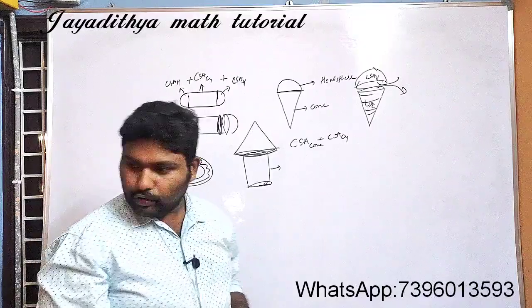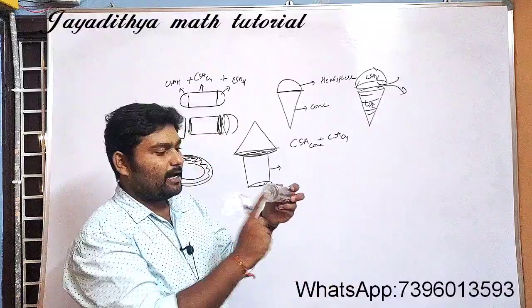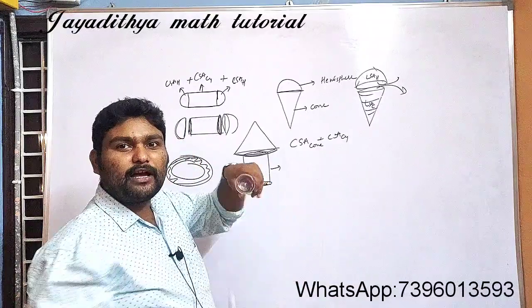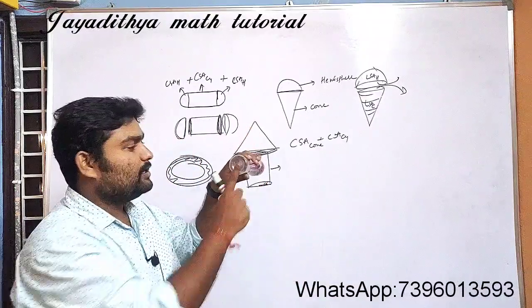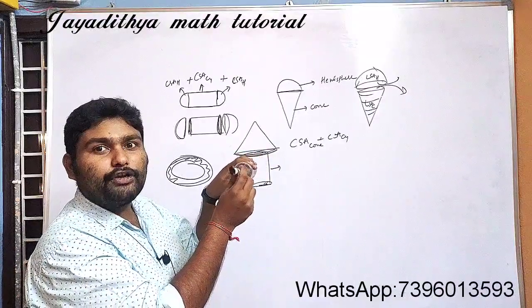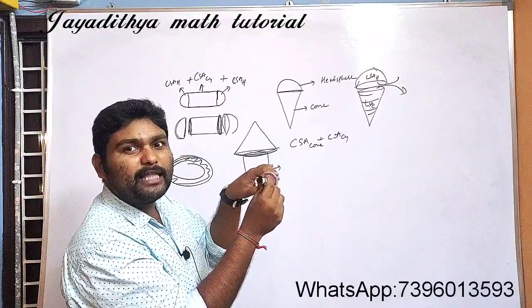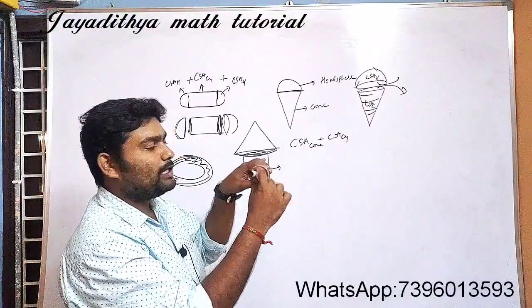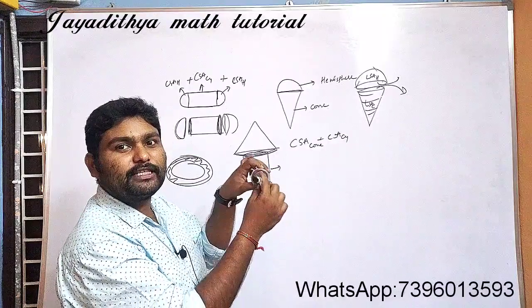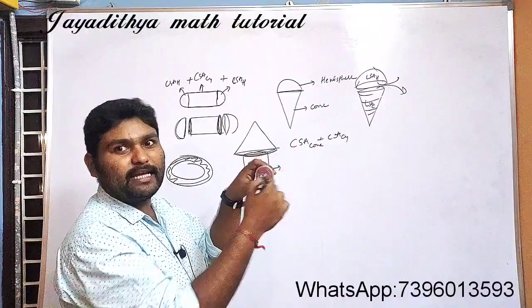For example, I have something here to show you. See here now. Think this is the base of the cone. I hope you can see this one. Think this is the base of the cone, and in the bottom you have a cylinder. So see here, this black part will be the base of the cylinder, and you can see a ring here. Can you see the ring around the base of the cylinder? Yes, there is a ring now.